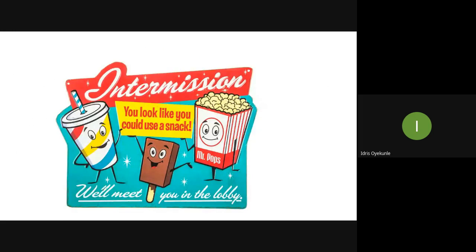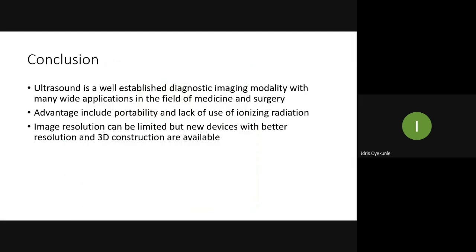So I'm almost done. It's been a long talk, and I hope I've carried everyone along. Ultrasound is a well-established diagnostic imaging modality with many wide applications in the field of medicine and surgery.